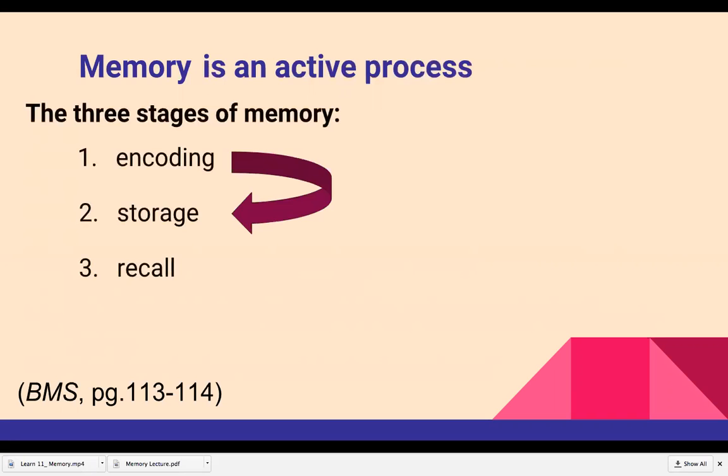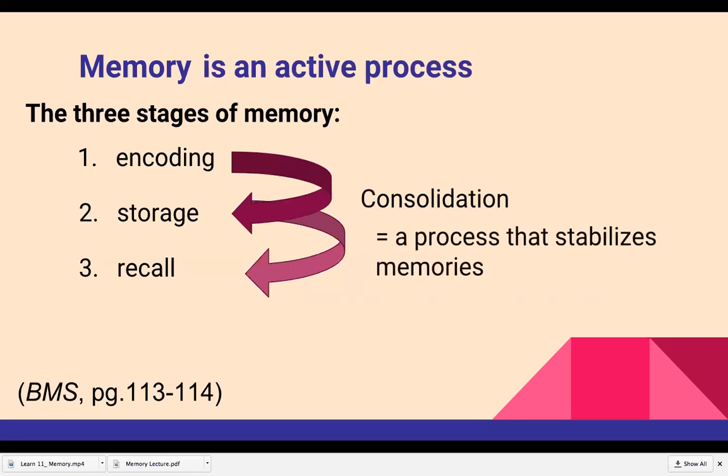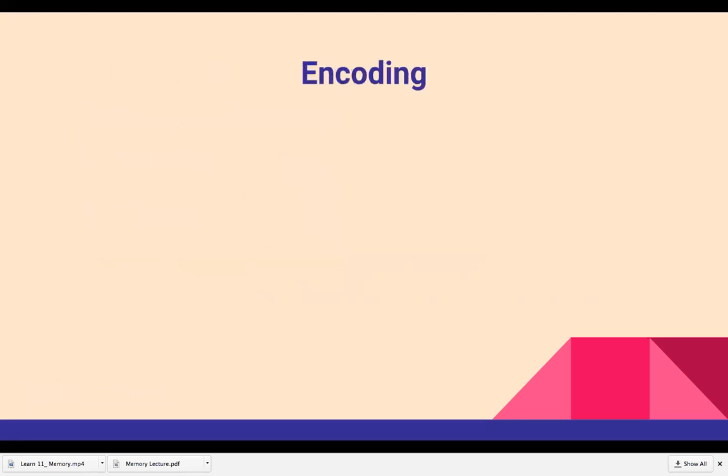And in between each of these stages, and all the while, there's a process happening called consolidation. Consolidation is a process that makes our memories more stable. It solidifies them. It makes them more able to stay in our memory banks, I should say.